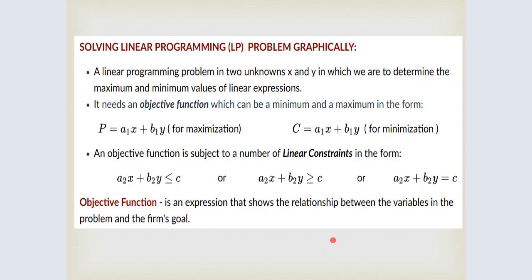An objective function is subject to a number of linear constraints in the form of a sub 2 x plus b sub 2 y less than or equal to c, or a sub 2 x plus b sub 2 y greater than or equal to c, or it can also be a sub 2 x plus b sub 2 y is equal to c. So an objective function is an expression that shows the relationship between the variables in the problem and the firm's goal.